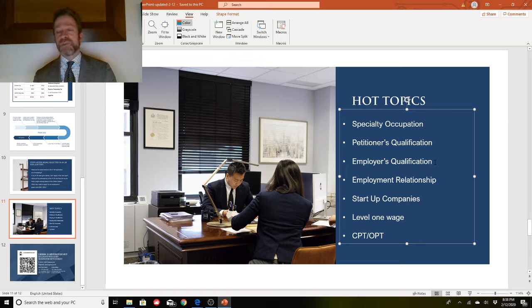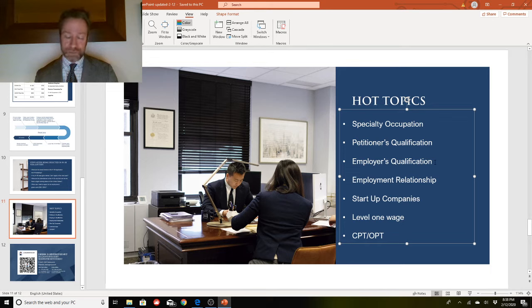If the employer is a young company, if it's a small company, if the employer doesn't have a lot of revenue, that case is going to be scrutinized more, and we have to discuss the case with the employer ahead of time to make sure that we can show that the employer has enough revenue, has enough clients, and has enough employees to support the H-1B applicant's position at the company.